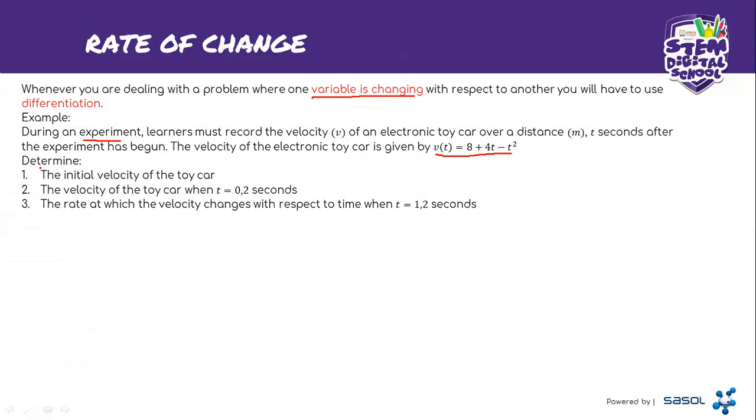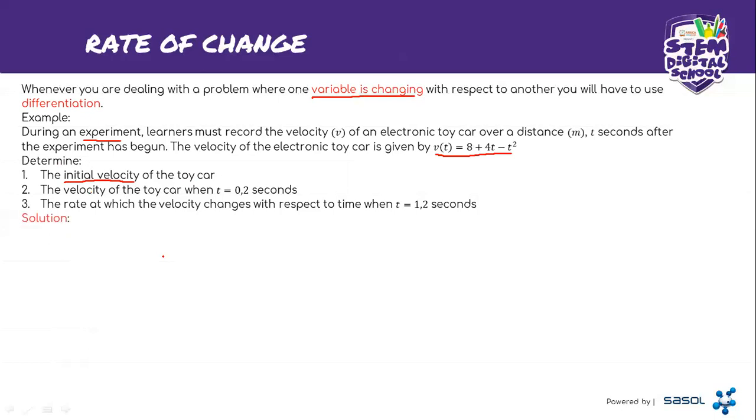The first question says we should determine the initial velocity of the toy car. When we refer to initial velocity, it means it's just starting, so in terms of time it is going to be 0 because we haven't started.